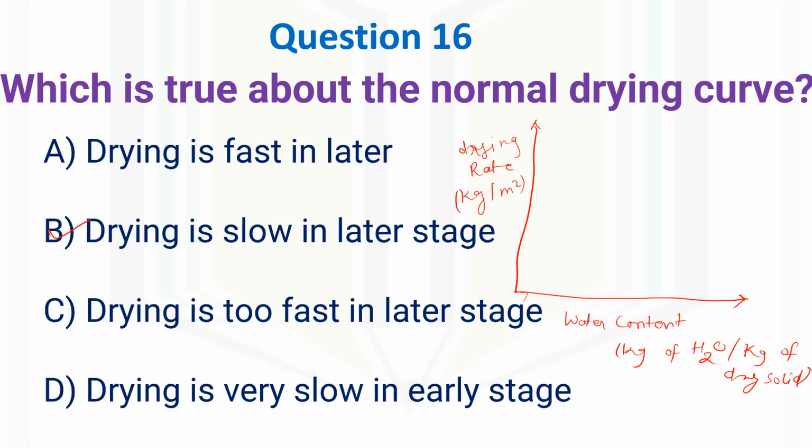Initially this is the moisture content, then it will have a constant rate period, then a first falling rate period, and then the second falling rate period. So this is A, B, C, D and E. This point E is called the critical moisture content.